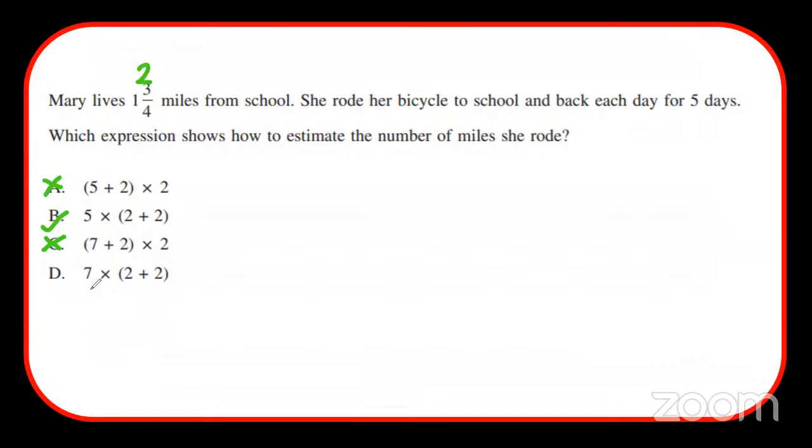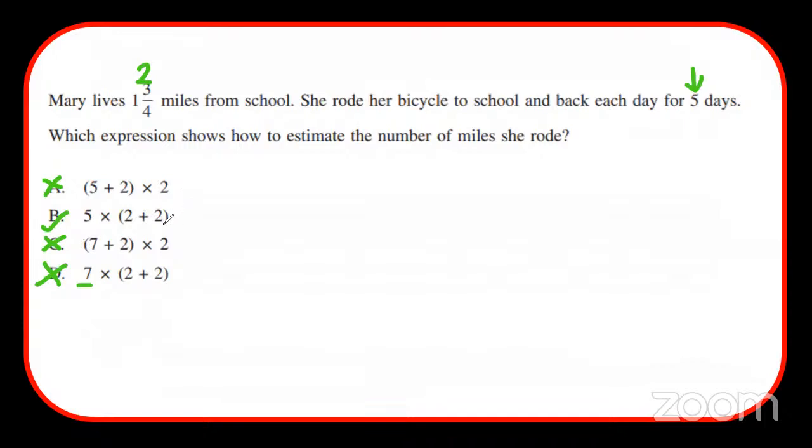Where did this 7 come from? Because we're definitely talking about 5 days, she rode for 5 days, right? So this one again cannot be a viable option. And so our correct answer has to be B, where we're multiplying the 5 days times the 2 miles to school and the 2 miles back. So the correct option here would be B.